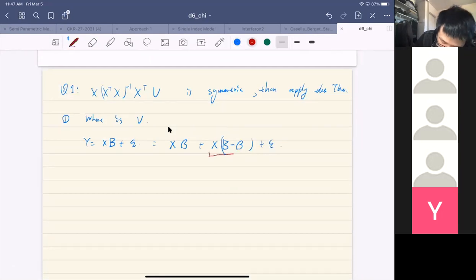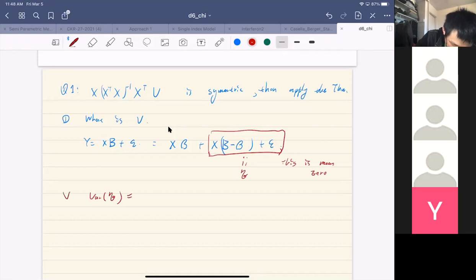And you can say this is a new noise, eta. So this part is random, and this is random. So we want to find the variance of eta, which is V.